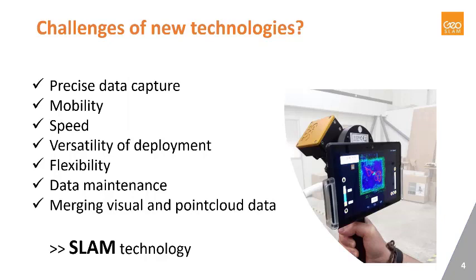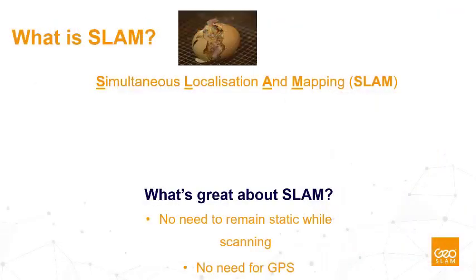Looking particularly at the 3D industry, there is a big demand for the combination of visual and point cloud data coming from LiDAR. I'm not saying that all this is covered by SLAM technology, but SLAM technology helps to accelerate and respond to all these challenges of new technologies.